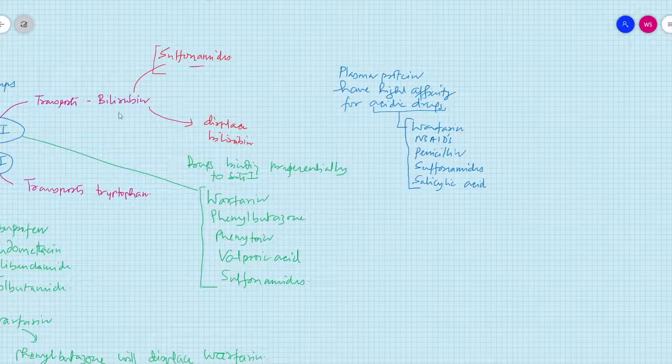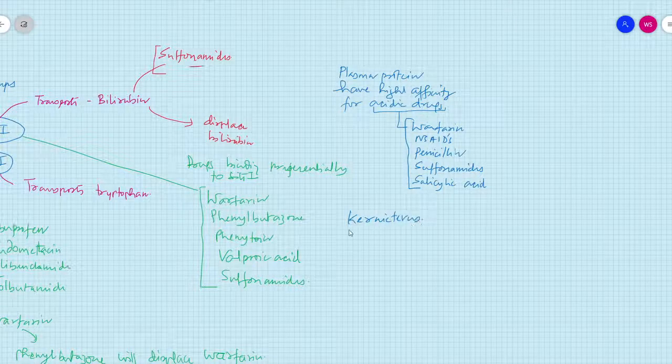Okay, so remember this interaction. Sulfonamides can displace bilirubin, and if it displaces bilirubin, what happens? It gets deposited on the brain tissue, and that can result in a condition called kernicterus.